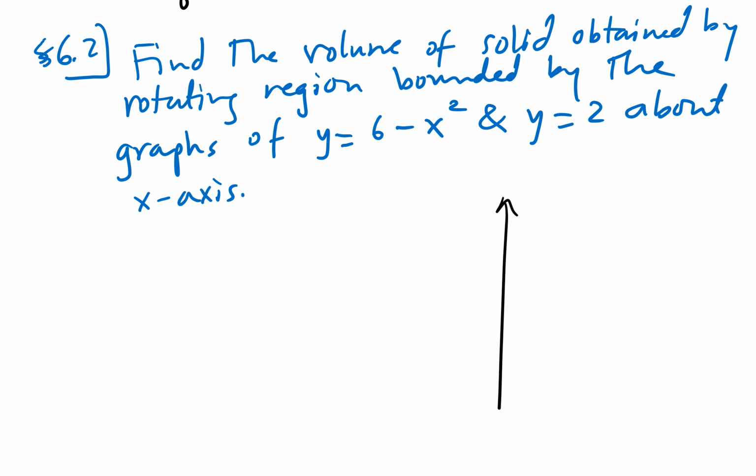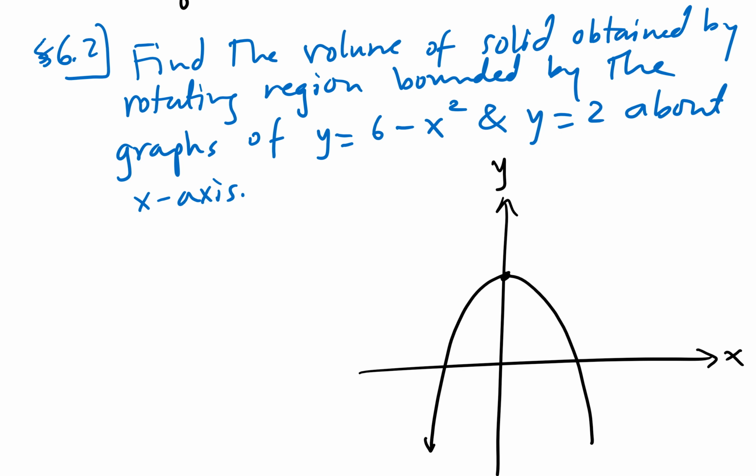So first we always need to sketch the figure. x 0, y 6. If y 0, x is plus or minus square root of 6. And then y equals 2. So the region I'm revolving is this one, about the x-axis.